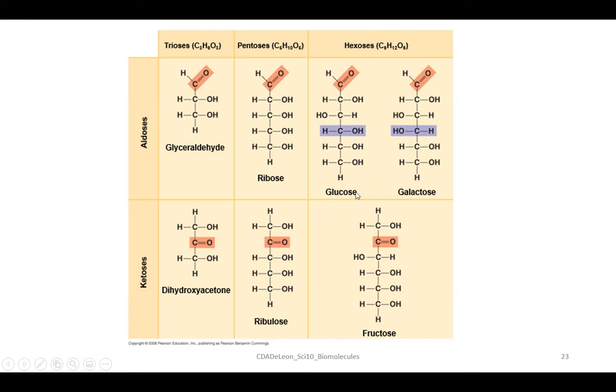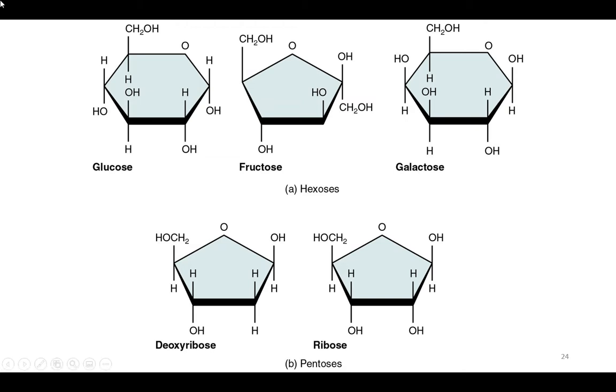Hexoses, we have glucose, galactose, and fructose. Now, this is another representation of glucose, fructose, galactose, deoxyribose, and ribose. Remember, in the DNA structure, this is the pentose sugar.